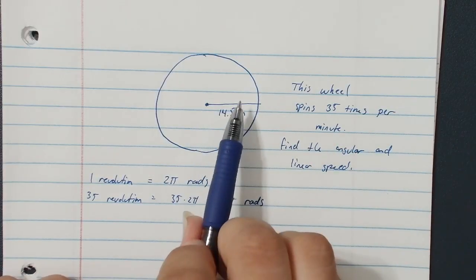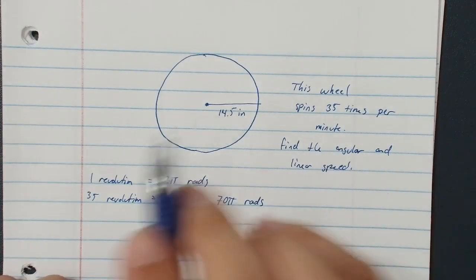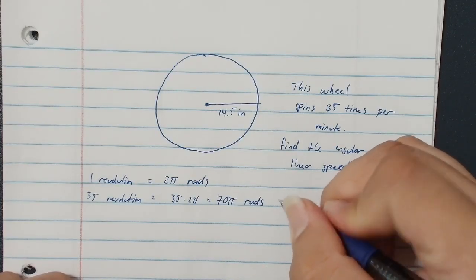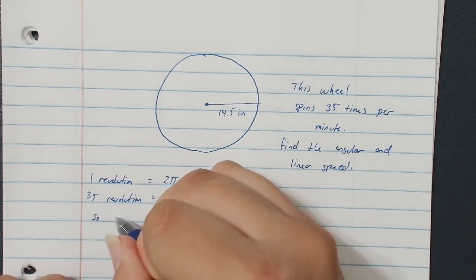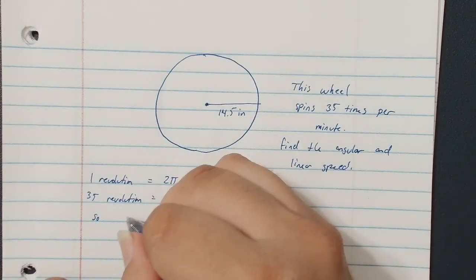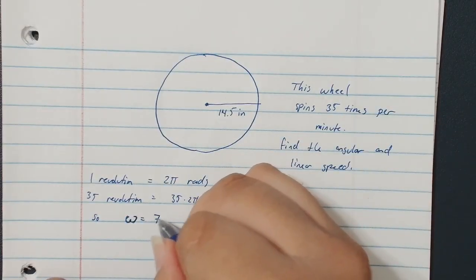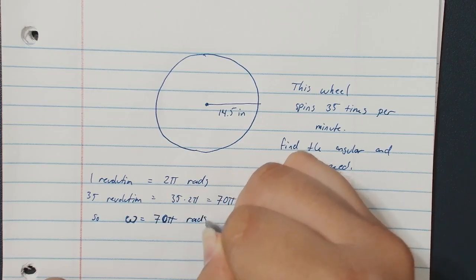So that's how many radians I'm going to spin around. Oh, but that happens every minute. So that's going to be 70 pi radians per minute. So what are we looking for here? Angular. So my angular speed, which again, the symbol for that is omega, is given by 70 pi radians per minute.